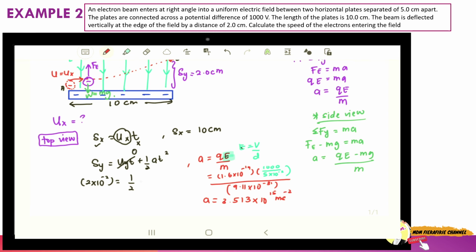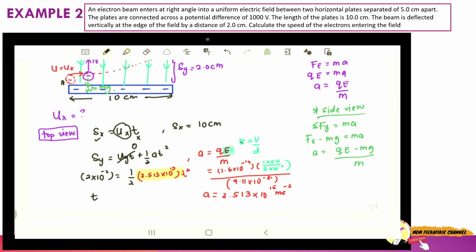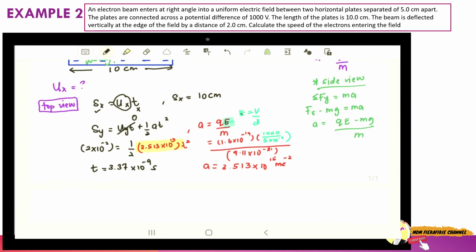And we can substitute here. A is equal to 3.513 exponent 15, t squared. The value of A is here, and we want to find t. Therefore t is equal to 3.37 exponent negative 9 second. And finally we can use the equation of Sx equal to uxt.